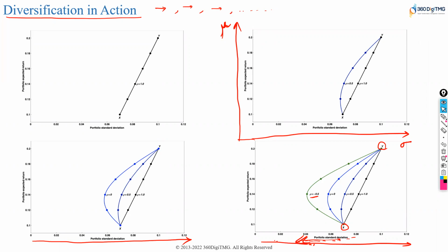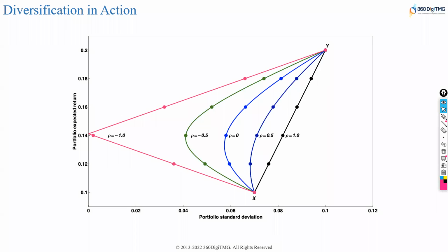And when you have rho equal to -1, already we have seen that equation that we have solved in this module. Initially, we have looked at that derivation. So you'll have two equations of line. Hence, it's like this.